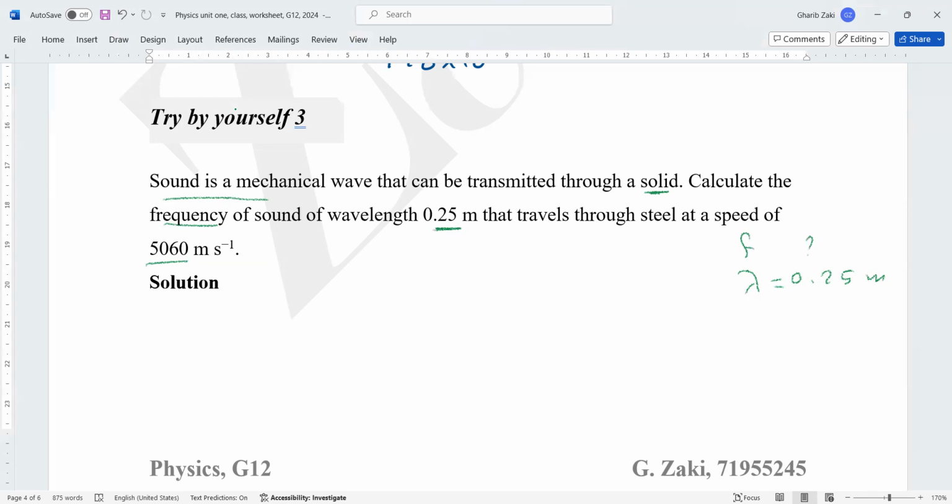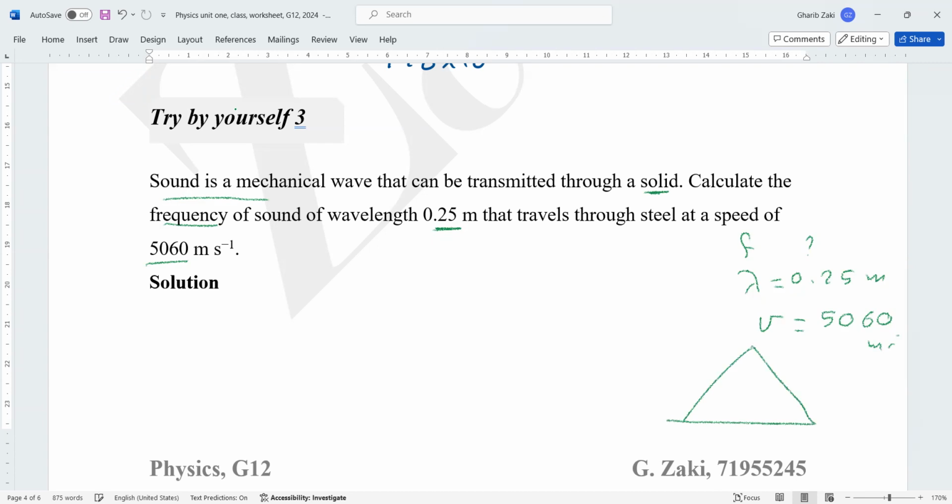It will be greater than the speed of sound in liquid, and in liquid greater than the speed of sound in air. The speed of sound in air is 340 meters per second, so it will be less. The speed of sound in that solid is 5060 meters per second.